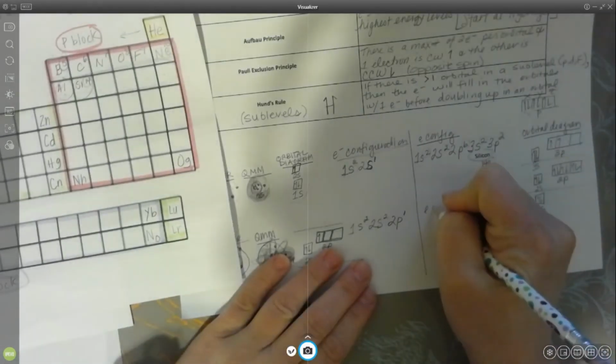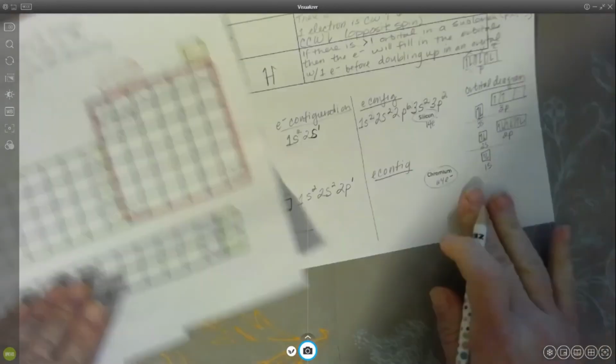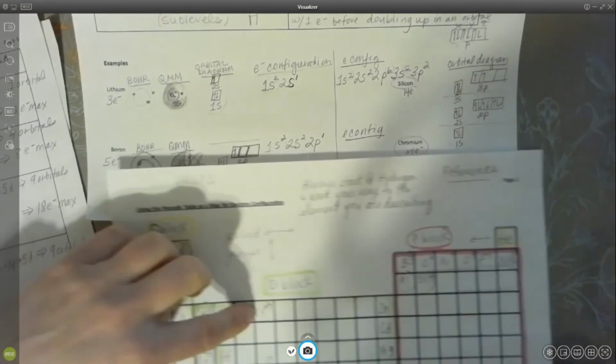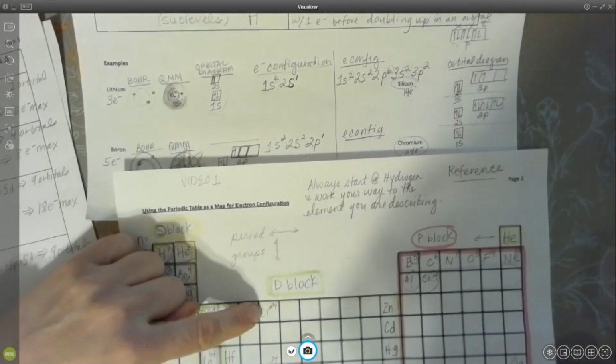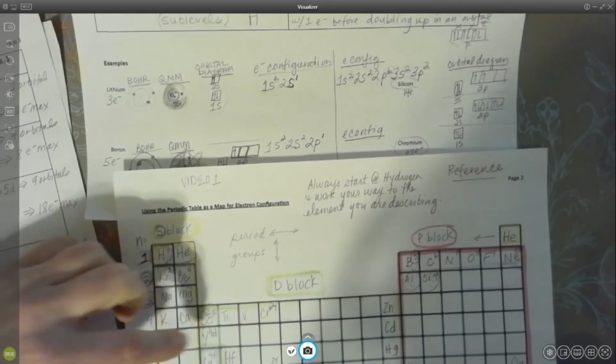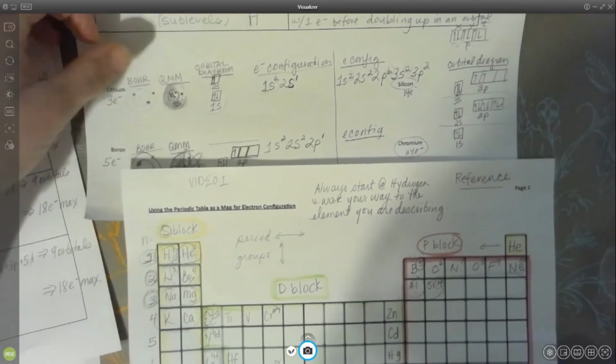All right, so here we go. Electron configuration. We have to describe 24 electrons, because chromium's number 24, and we need to describe every single electron that it has.